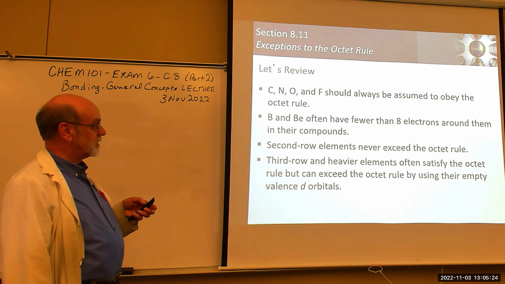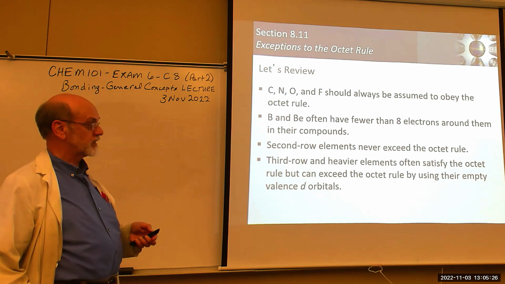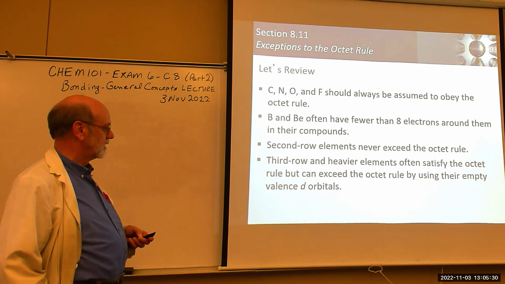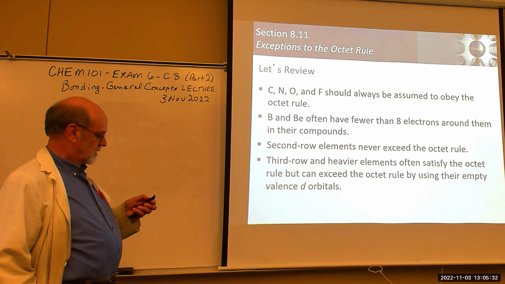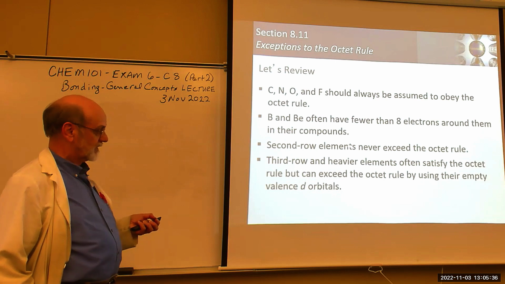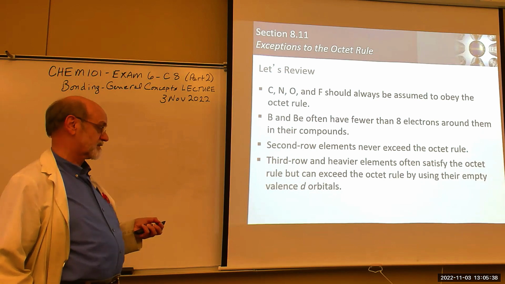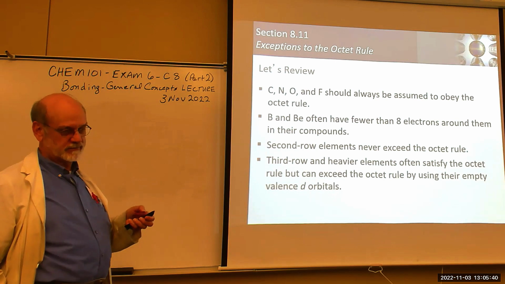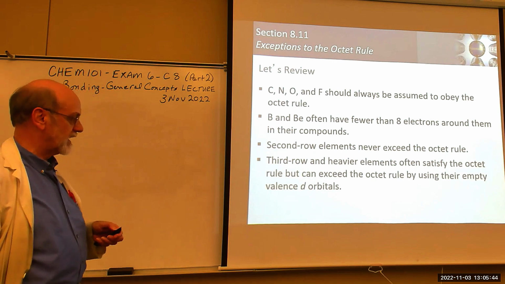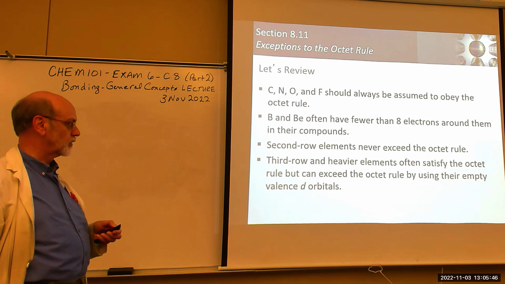Boron and beryllium very often tend to have fewer than 8 electrons around them in their complex. So what we're saying is these second row elements never exceed the octet. I don't know about never. I guess whoever put the slide together probably knows better than I do, that they never violate the octet rule.